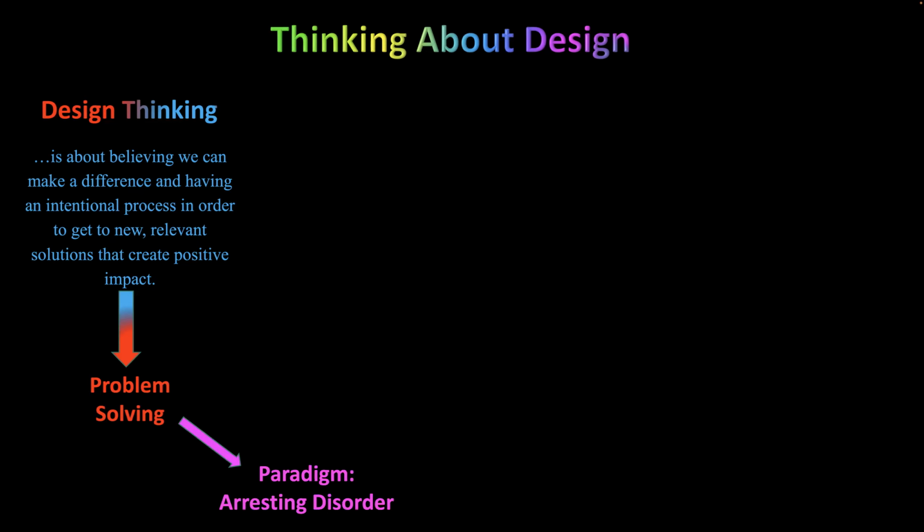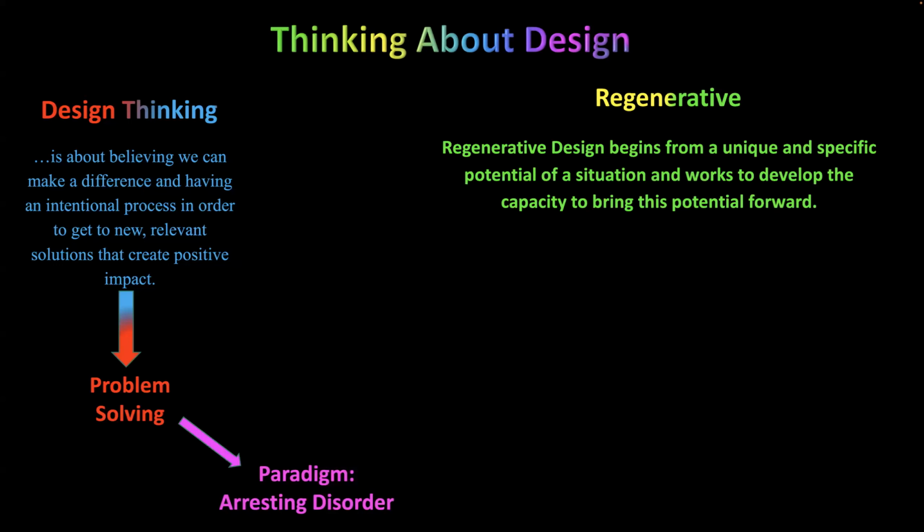But it's basically, as I stated before, dealing with the here and now, and possibly in terms of the past, but not really looking at potential. Because the regenerative process is really looking at a unique and specific potential of a given situation, to develop the capacity to bring this potential forward, to make it become manifested within the environment in which you're working.